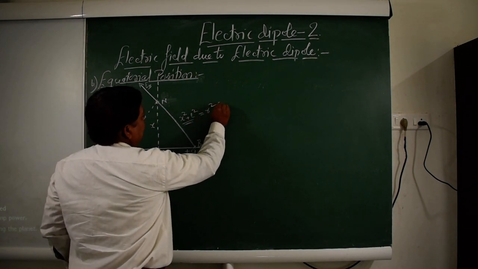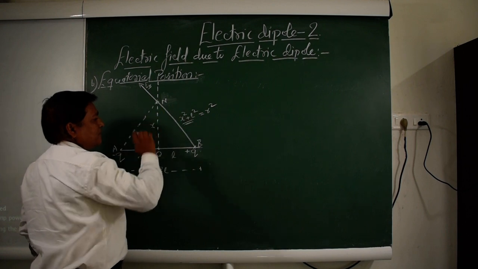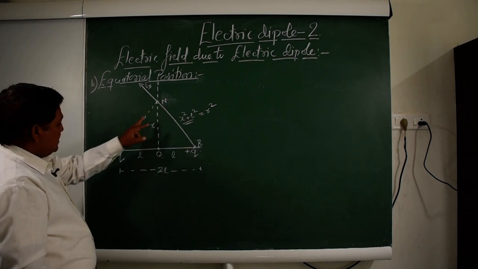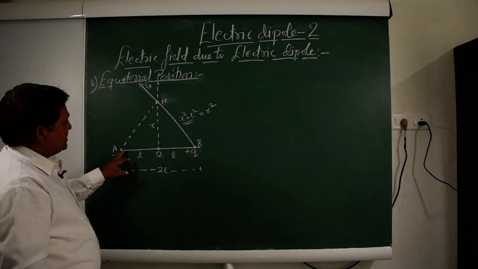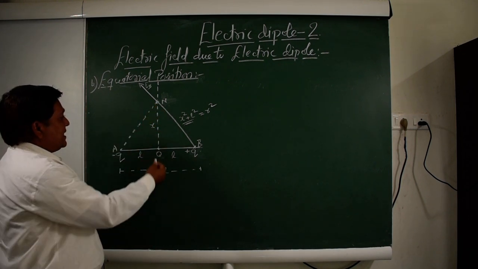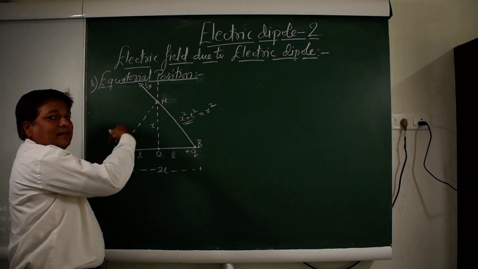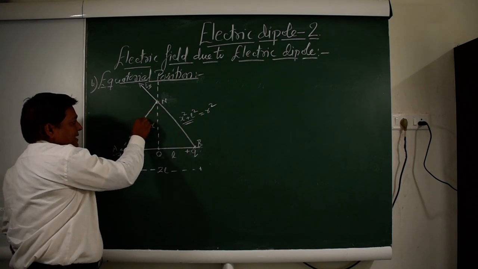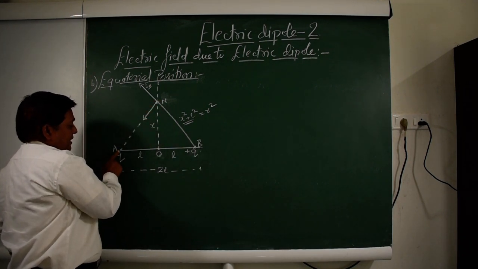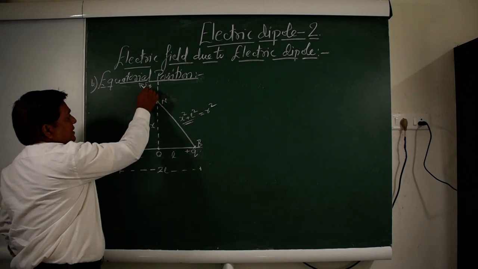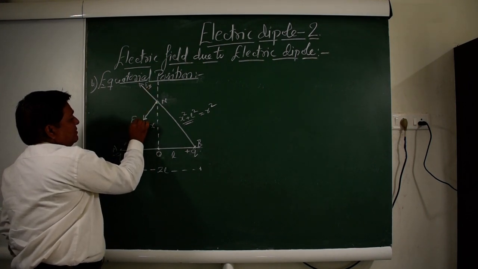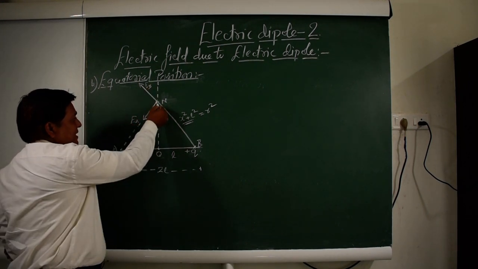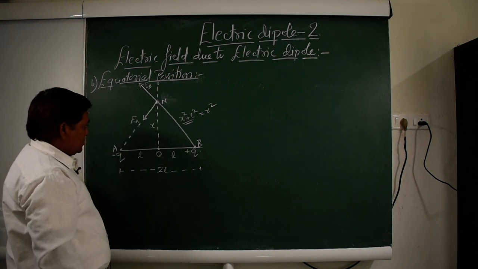Okay, r square is equal to x square plus L square. So see here, the electric field due to this minus q charge at N will be directed towards the negative charge. So this will be the direction of the electric field. We assume that this electric field will be EA. Its direction is towards the negative charge.